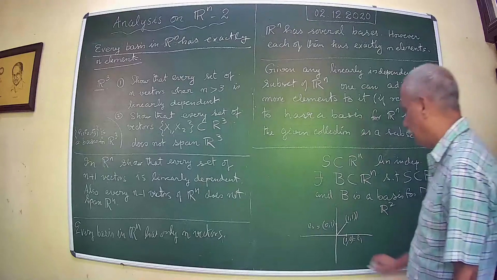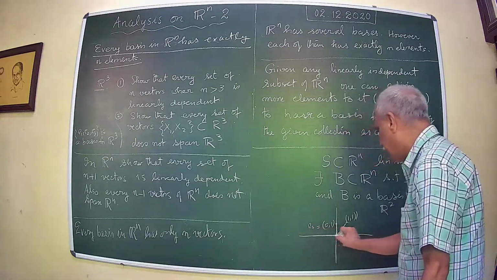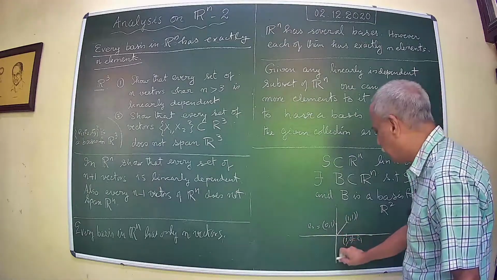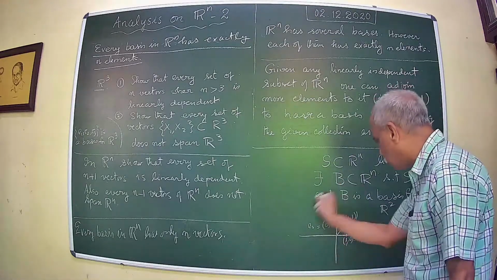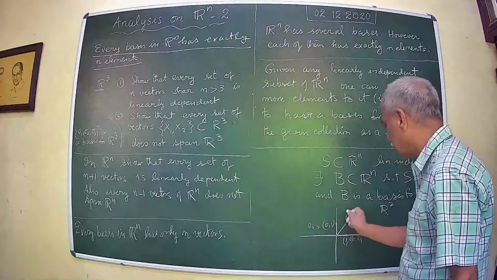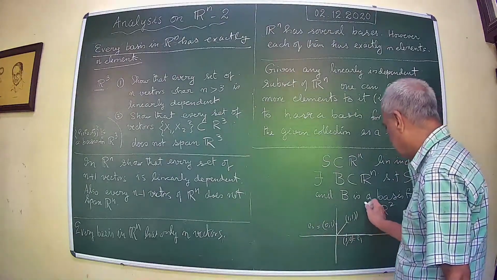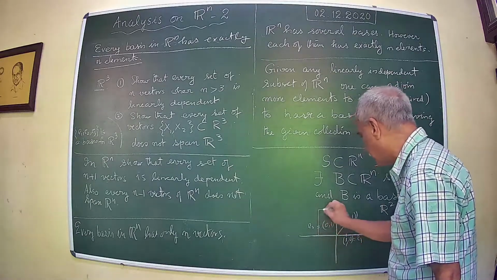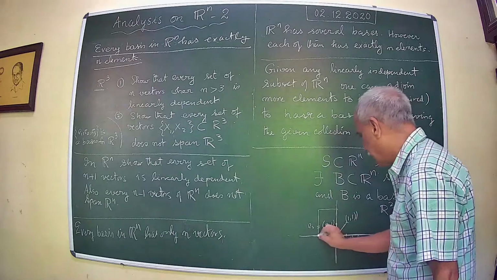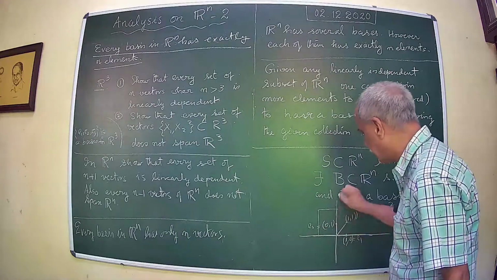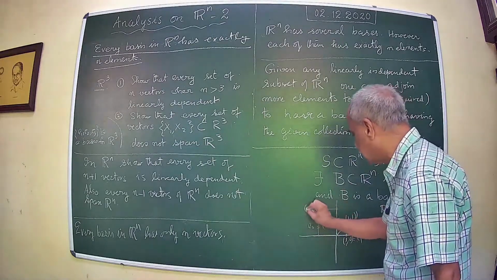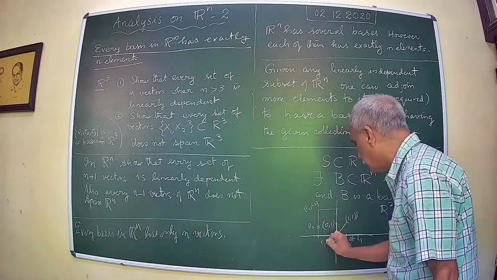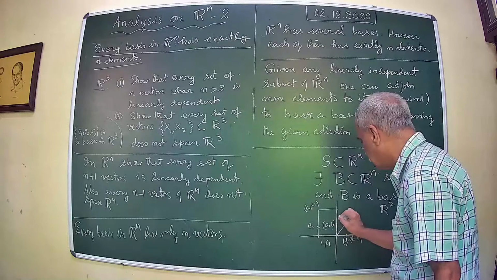Okay. Now, with E1 you can cover this whole thing. Adjoin to that E2 also, then you can cover not only this but this whole plane, because every vector here can be written as a linear combination of a scalar multiple of E1 and a scalar multiple of E2. For instance, this is c1 E1, c2 E2.